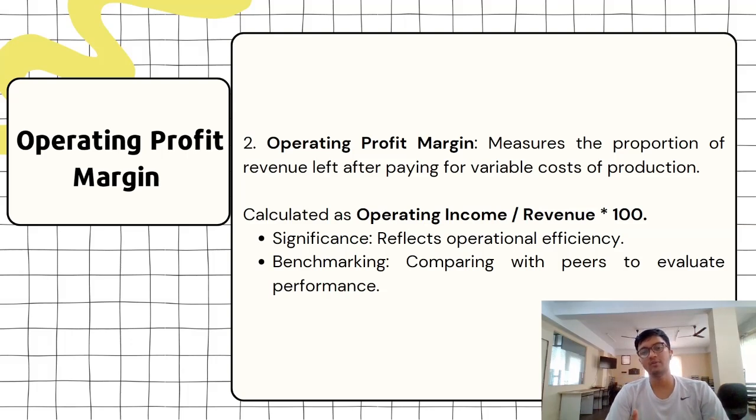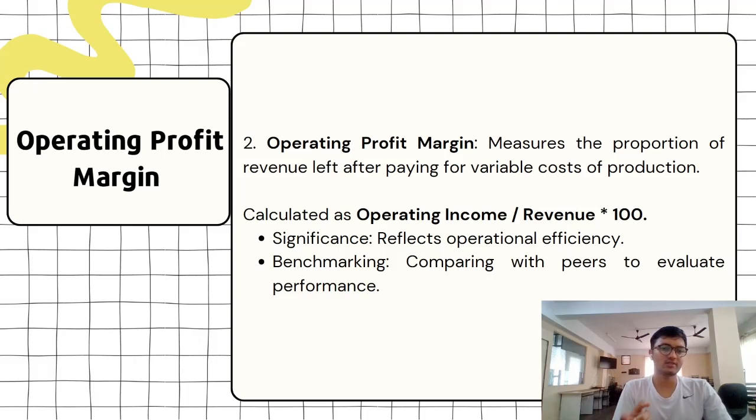So operating profit will be whatever total income I'm earning minus my total expenditure. Then I'll arrive at a figure called operating income, and when I divide that operating income by the revenue, I'll get my operating profit margin.